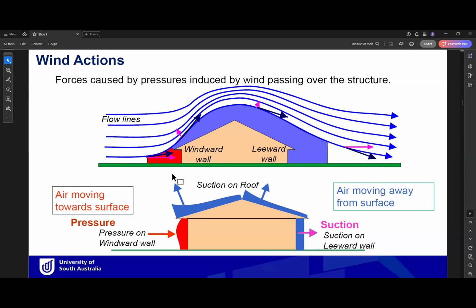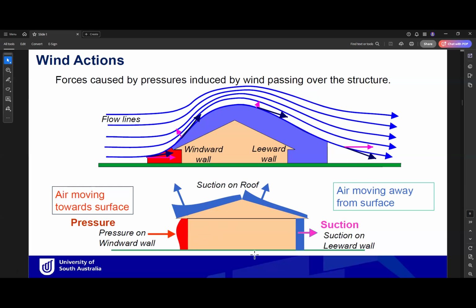As you can see in the top one, one side of the building will be under pressure, or the wind will push the wall from this side, the left side, and the rear side of the building, or the rearward wall, will be under dragging force or suction. So the wind has different effects on the sides of the building based on where the wind blows and the wall facing the wind.